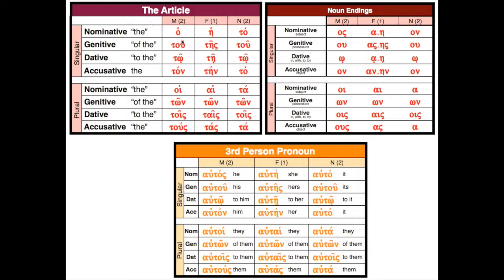And if you know the article, you pretty much know the third person pronoun because all you have to do is stick an au in front of the article. Ooh. So autos, we're used to the nominative masculine singular being odd, but then autou just looks exactly like the article here, right? Autou, auto, auton, autoi, auton, autois, autous. Looks just like the article.